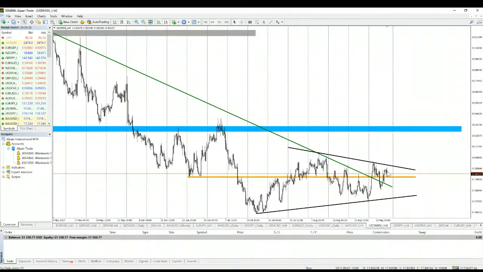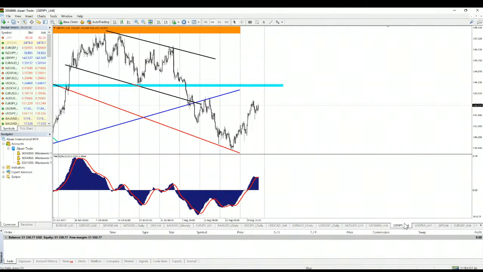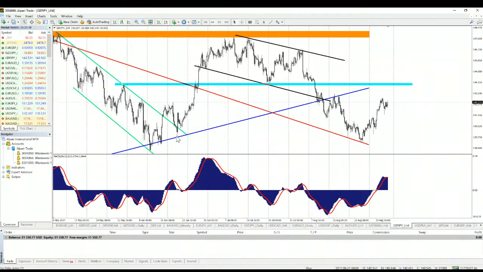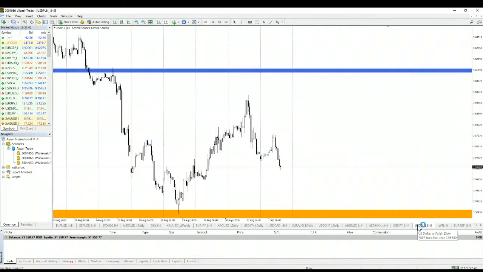My trading strategy is focused on going with the trend, and we can see that since the middle of July we do not have a trend here, but that's just a sideways trend. British pound to Japanese yen, no trading signal here.